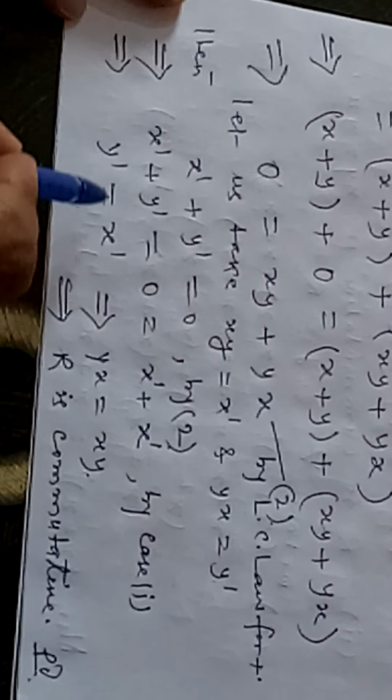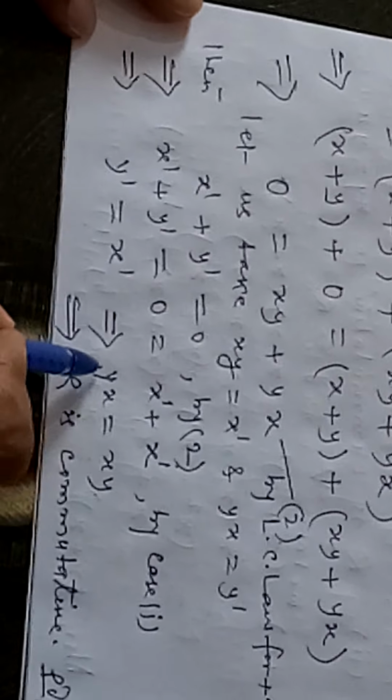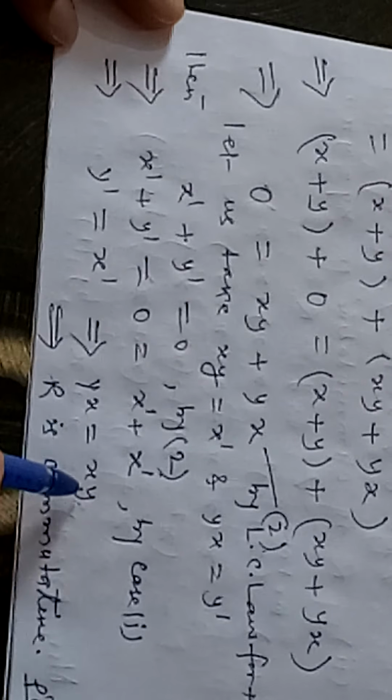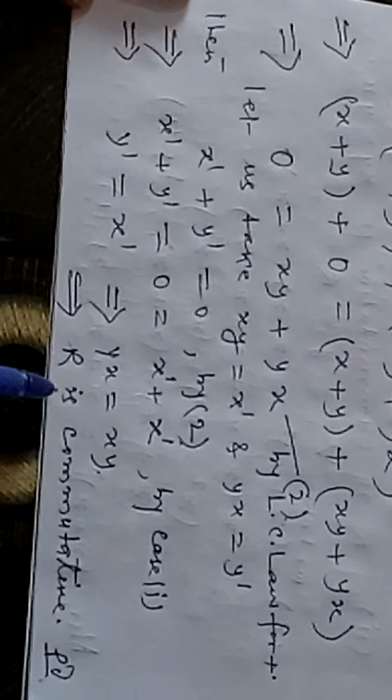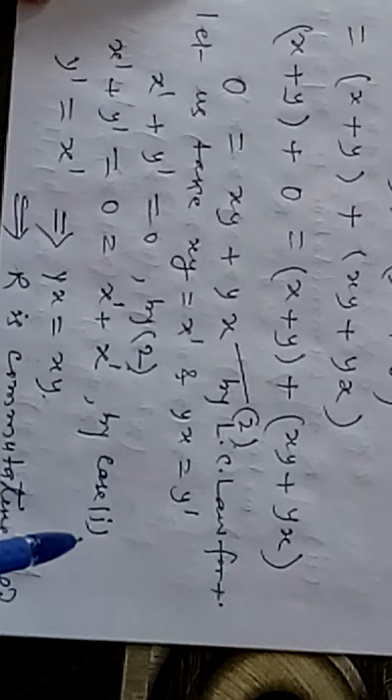This implies y dash is equal to x dash by the left cancellation law, and this implies yx is equal to xy, and this implies R is commutative, and hence the theorem is proved. Thank you.